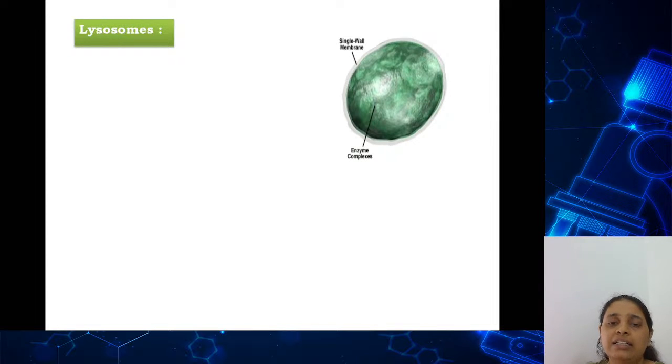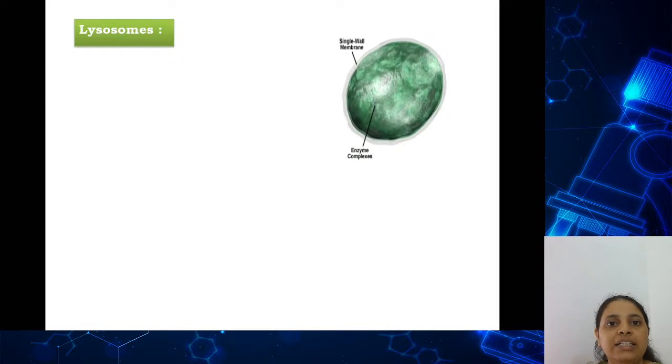So let's say there is a cell like amoeba which has ingested food. Now food contains complex materials. It needs to be converted into simpler ones, right? So the enzymes present in the lysosome will help in the digestion process. They will convert the complex materials into simpler ones.